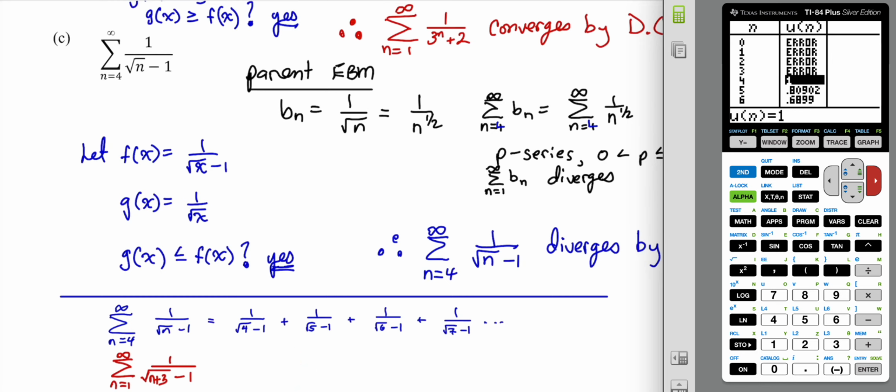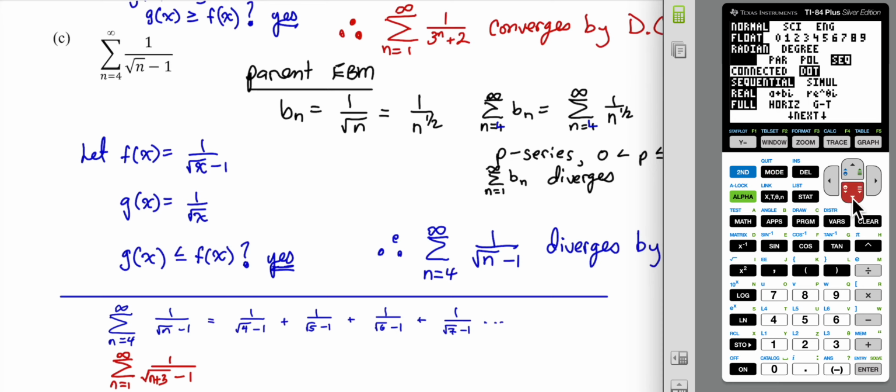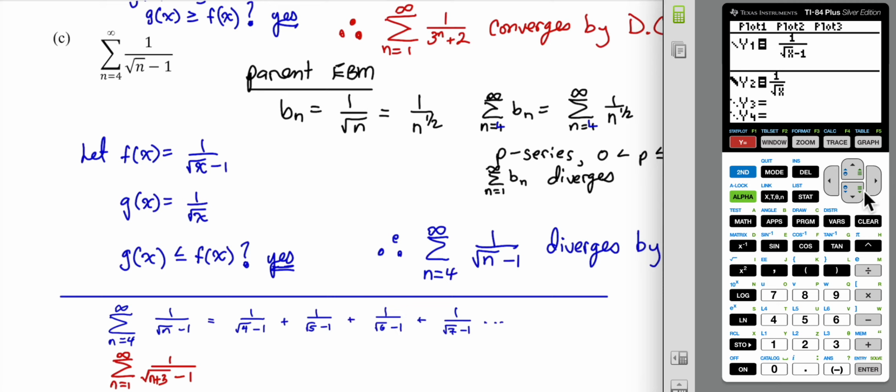So instead of comparing 1 over n plus 3 to the original function, I would compare 1 over radical n plus 3 minus 1 to the 1 over radical x. All right, so I can just put that in really quickly. All right, so that would be the original graph to compare against the parent function.